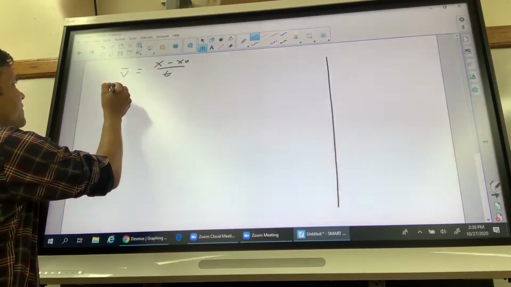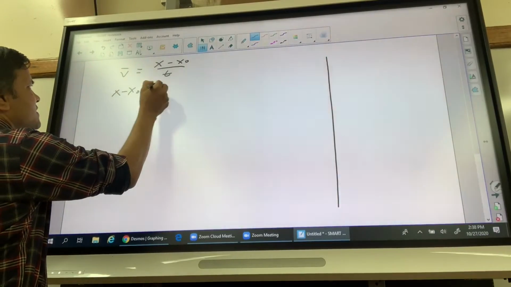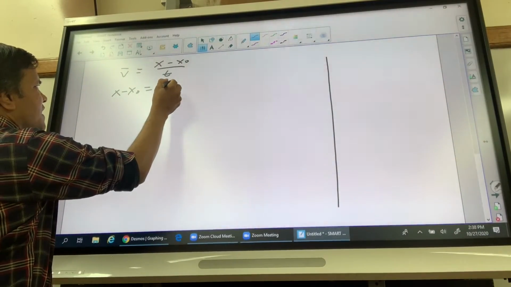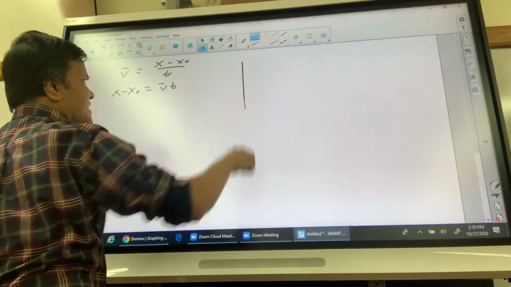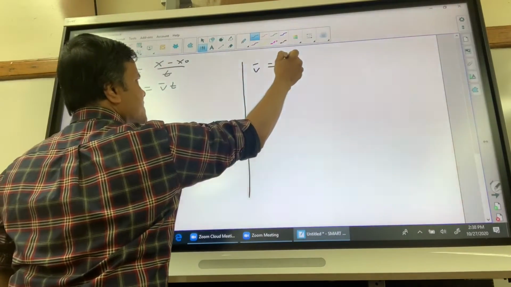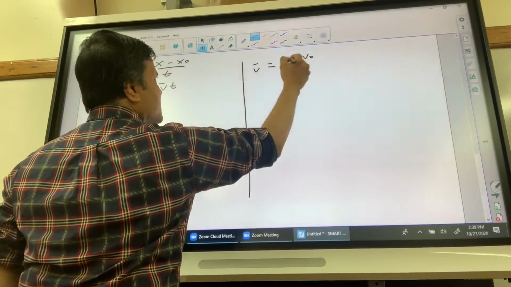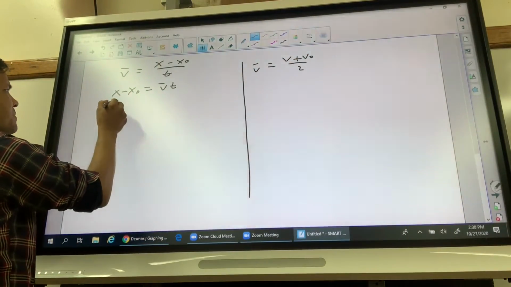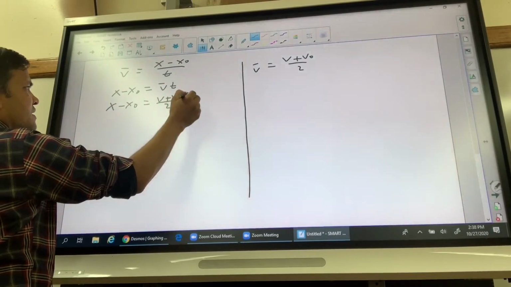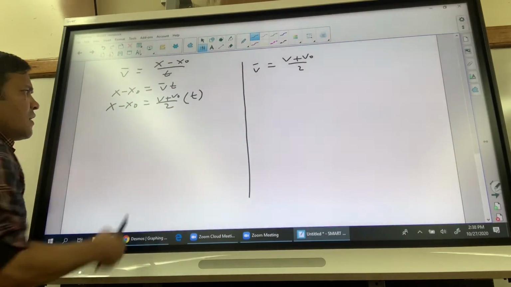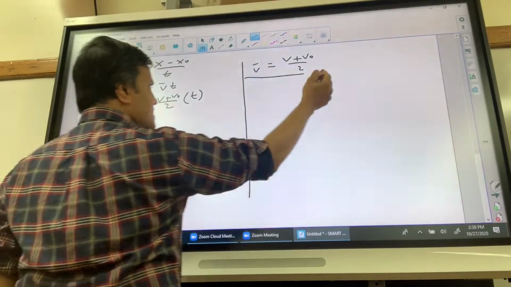Cross multiply, we see x minus x naught is equal to the average velocity times t. Now don't forget what average velocity is. Average velocity is v plus v naught over 2. So we're simply going to replace this by v plus v naught over 2, and then we're going to write t over here. Now the t should be replaced by, let's see what is t.